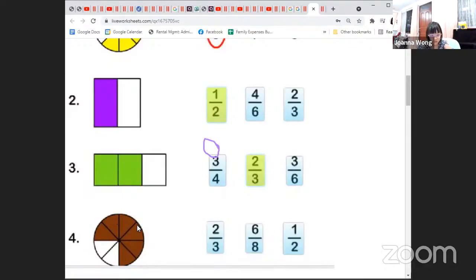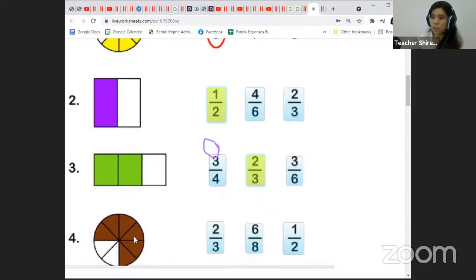One, 2, 3, 4, 5, 6, 7, 8. So is it 6 over 2 or 6 over 8, or how?